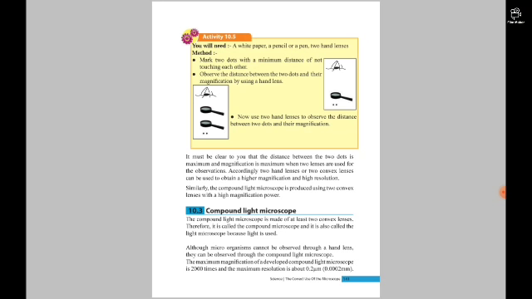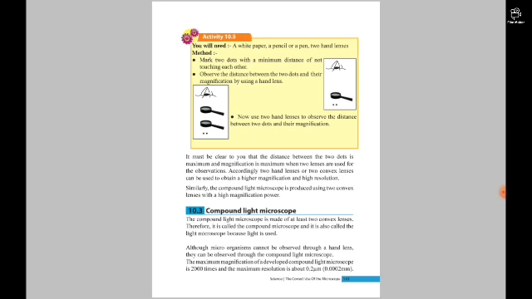Although microorganisms cannot be observed through a hand lens, they can be observed through the compound light microscope. I have told you that. The maximum magnification of a developed compound light microscope is 2000 times, and the maximum resolution is about 0.2 micrometers.